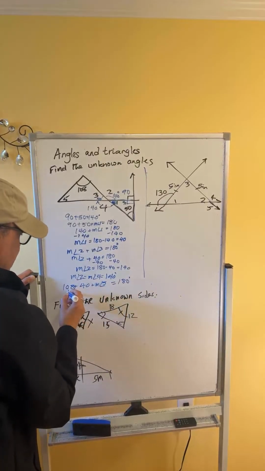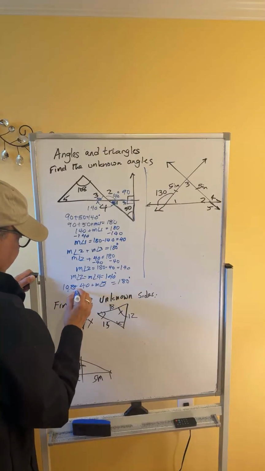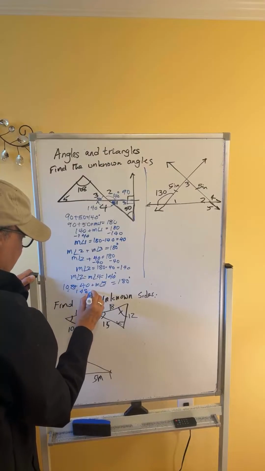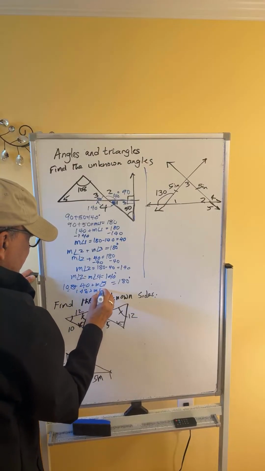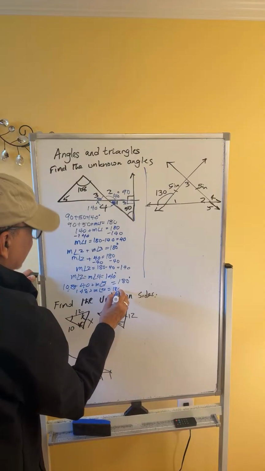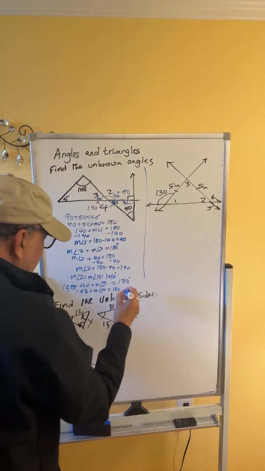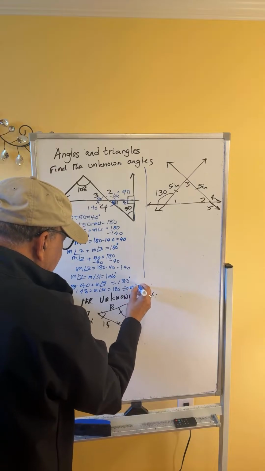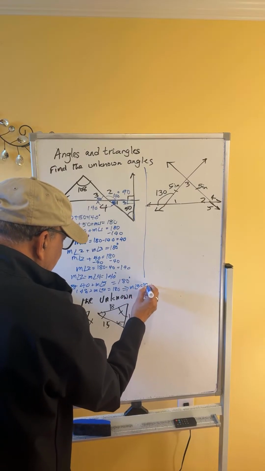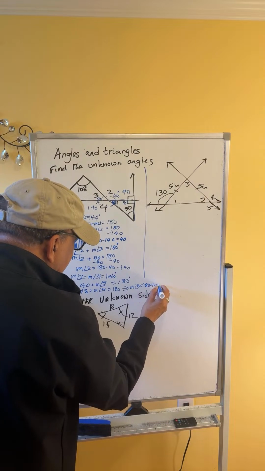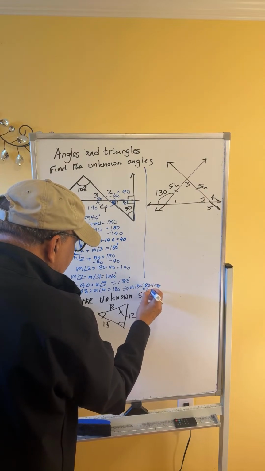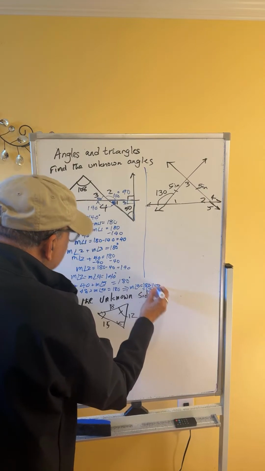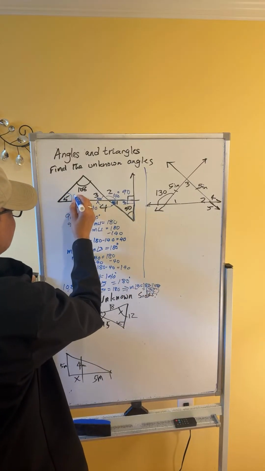So that means 108 plus 40 is 148, plus measure of angle 5 is equal to 180 degree because there are three angles of a triangle. This leads us to measure of angle 5 is 180 minus 148, which is 32. So angle 5 is 32.